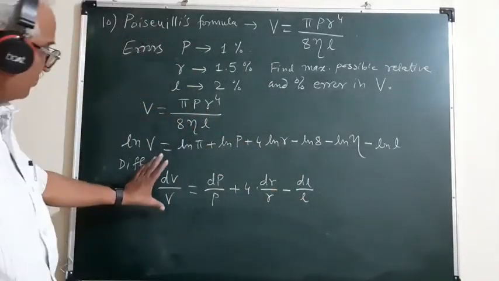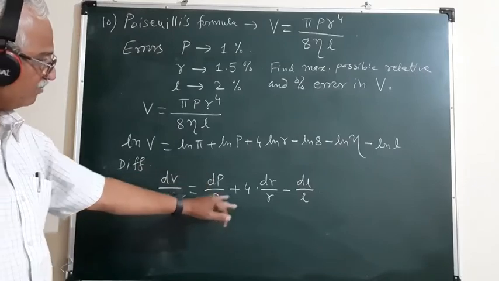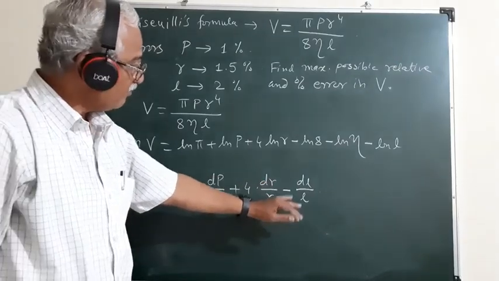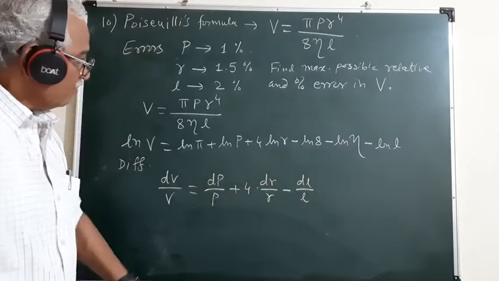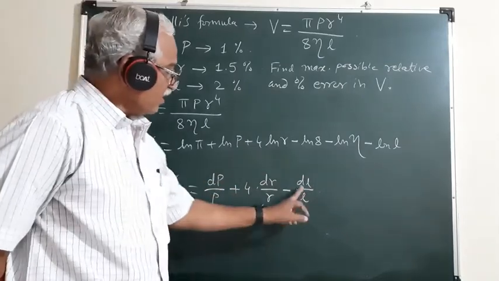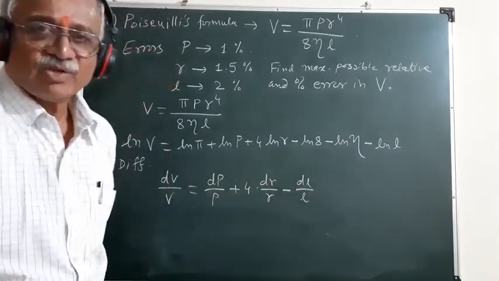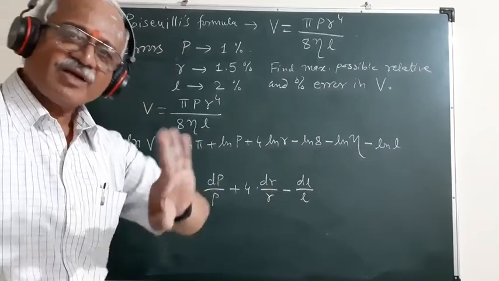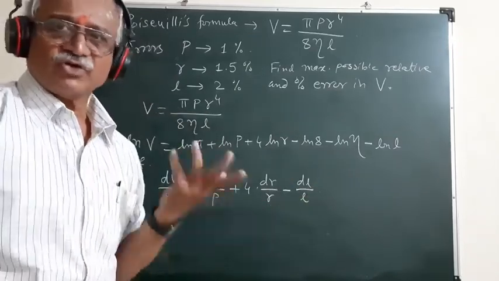So we get dv by v is equal to dp by p plus 4 times dr by r minus dl by L. But the error introduced in the measurement of the length of the capillary tube may be either positive or negative. We do not know.